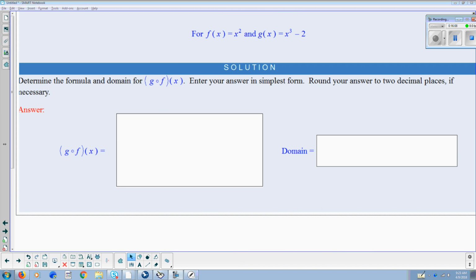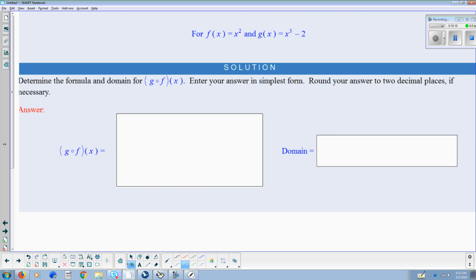Okay, so the next question uses the same two functions, but it's asking us to do the opposite composition. Instead of f dot g of x, we're going to find g dot f of x. So, outside function now is g, inside function is f of x. So g of f of x is what we're going to determine.